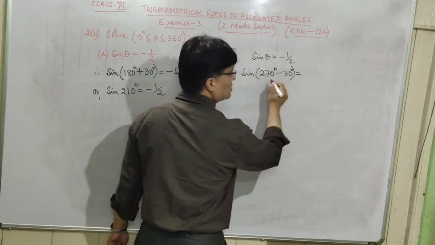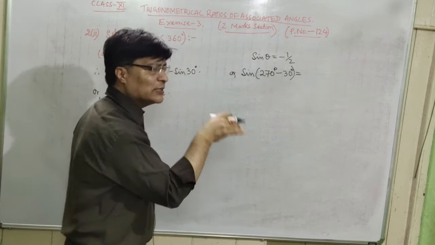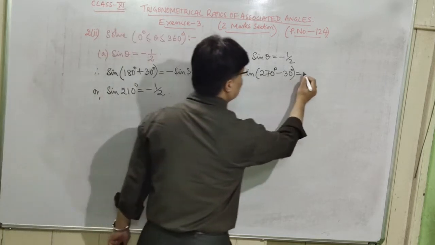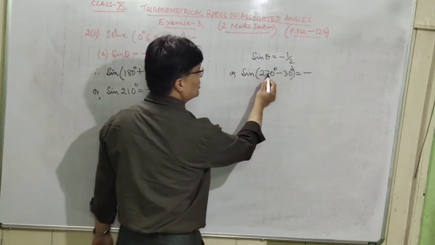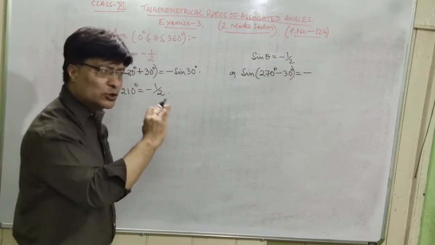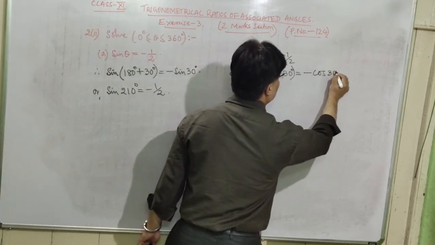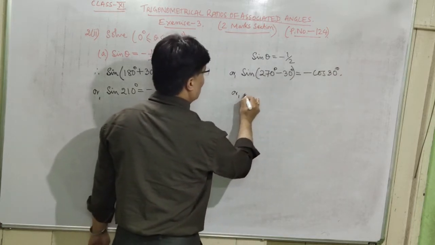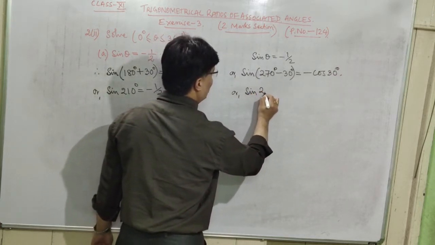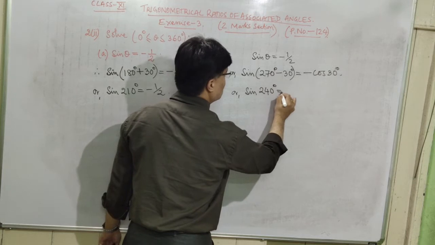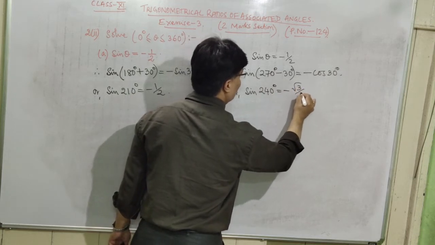Cos of 270 minus 30 degrees. 270 minus 30 degrees lies in the third quadrant, so it is minus, and since this is an odd multiple of 90, 90 into 3, sine changes to cos, that is, it will be minus cos 30 degrees. So this is your sine 240 degrees, which is equal to minus root 3 by 2.